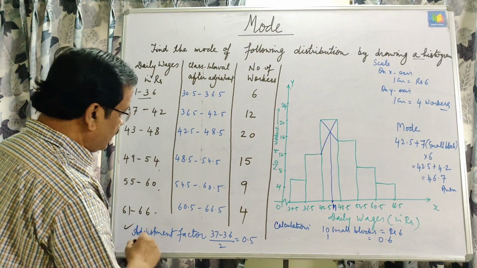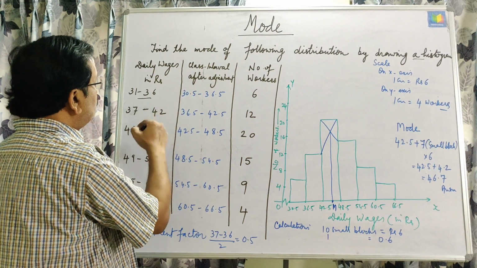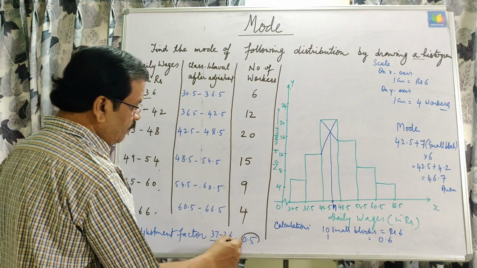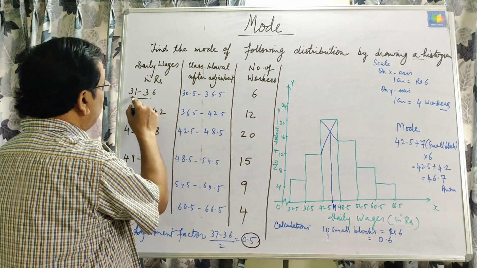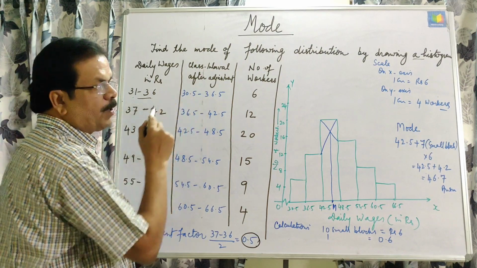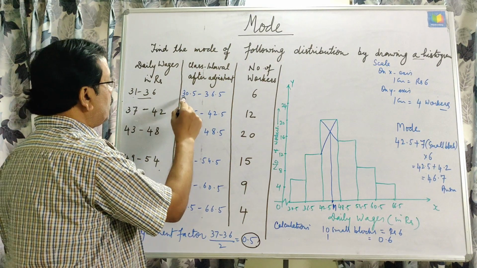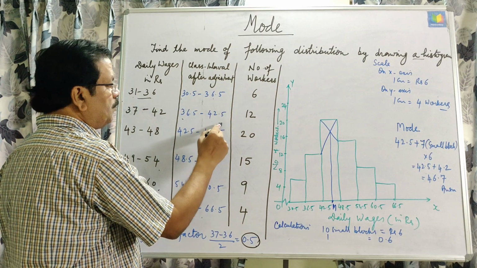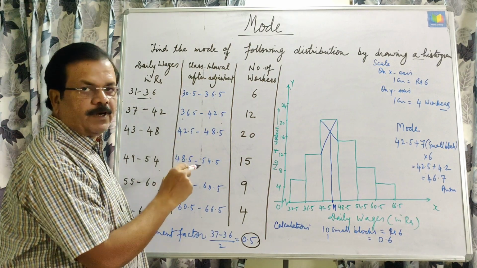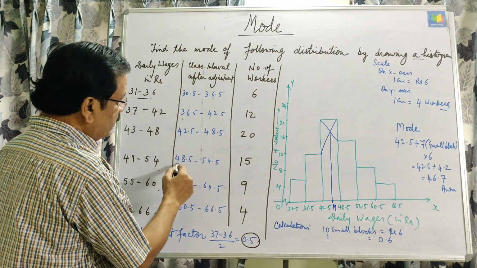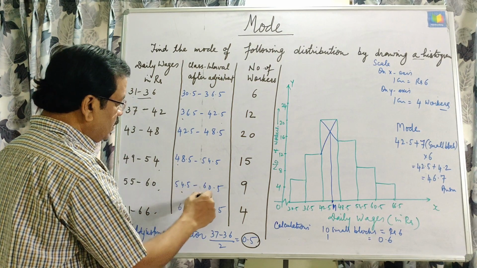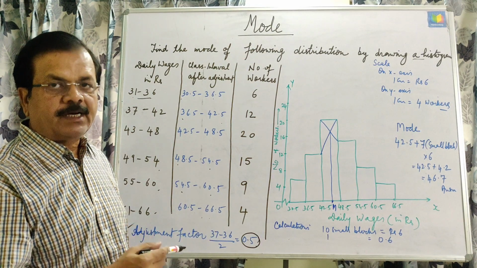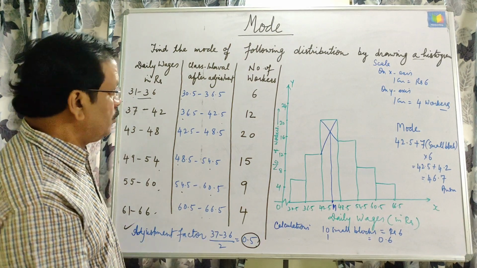By the adjustment factor, that is for any two successive classes, 37 minus 36 upon 2, that is 0.5, subtract 0.5 and add 0.5. We are getting 30.5 to 36.5, 36.5 to 42.5, 42.5 to 48.5. In the same way, all the rest of the values become continuous after subtracting 0.5 and adding 0.5.